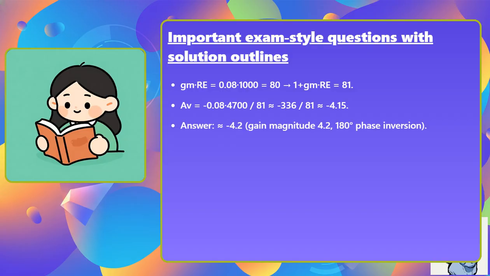Answer: approximately -4.2, gain magnitude 4.2, 180-degree phase inversion.